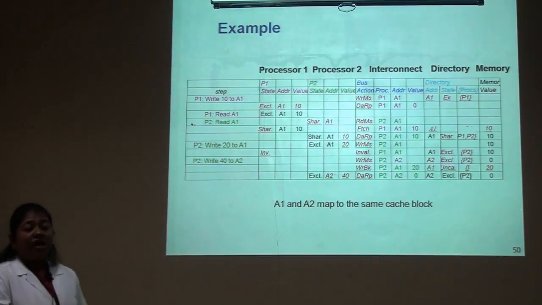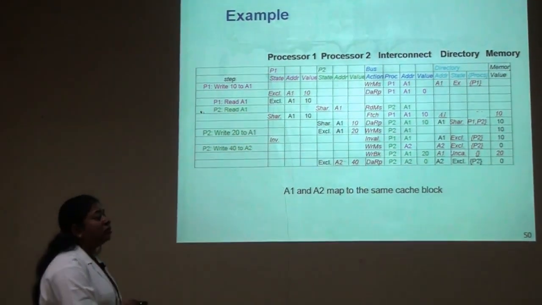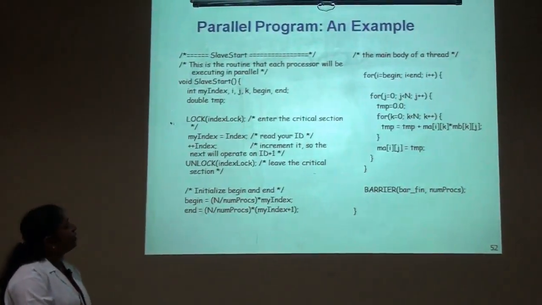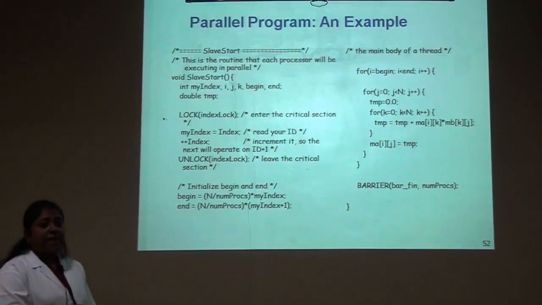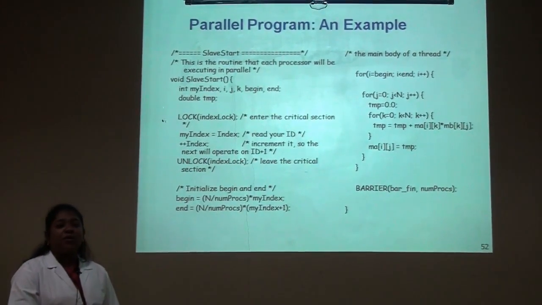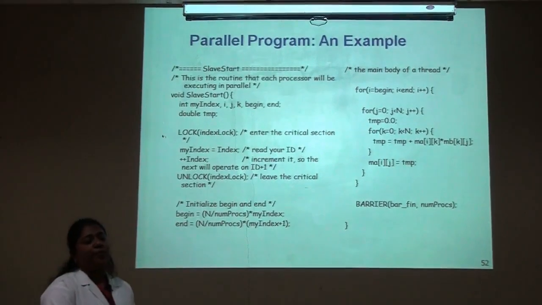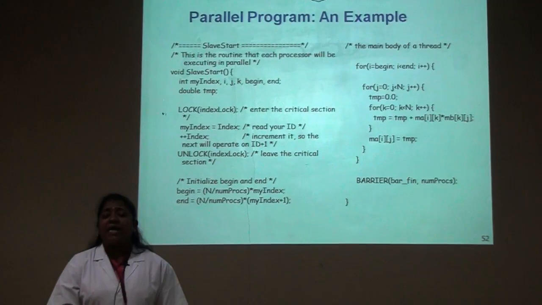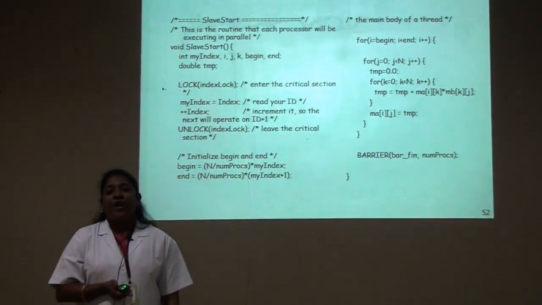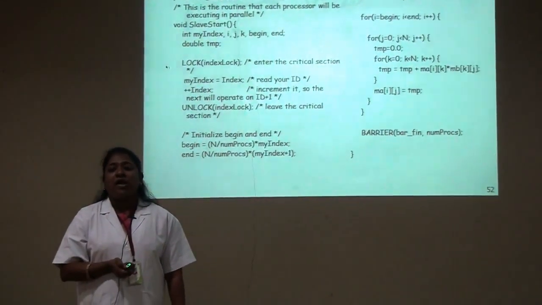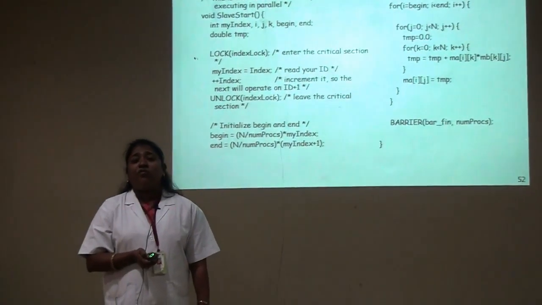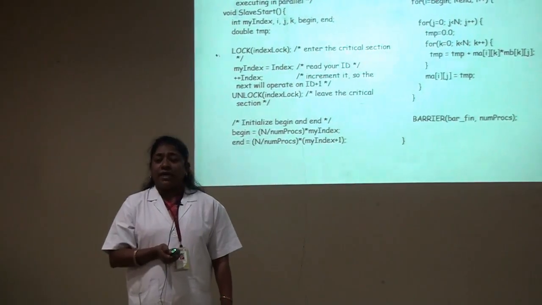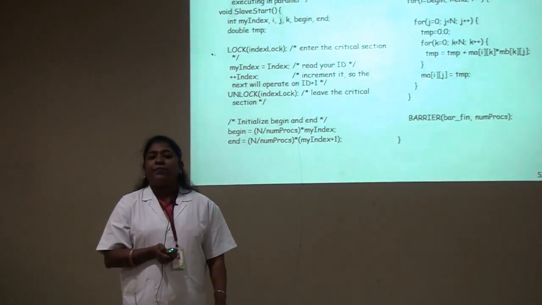Here, other than the snooping protocol, we are using the directory structure. This is the parallel program example. We have already discussed multiprocessor programs. When we use shared data in multiprocessors, it is handled with the use of two operations: lock and unlock. If processor P1 accesses one data, it is locked by P1.